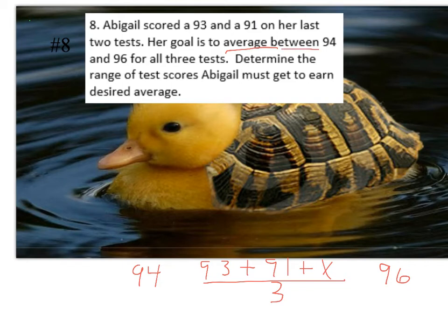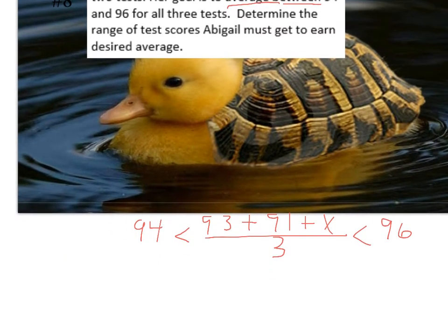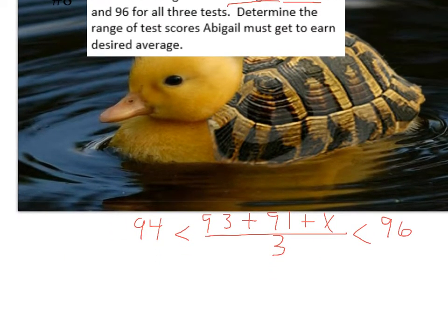To average between 94 and 96, technically it doesn't include 94 and 96. So we're going to use just less than symbols, not using the equal to sign, because technically between doesn't include that. And we want to find the range of test scores she must get. We need to solve this.